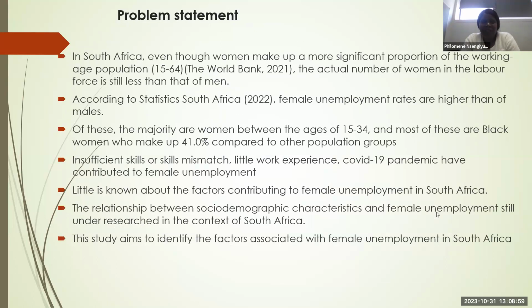According to Statistics South Africa 2022, female unemployment rates are higher than those of men. Of these women, the majority are between ages 15 and 34, and most of these are Black women, who make up 41% compared to other population groups.